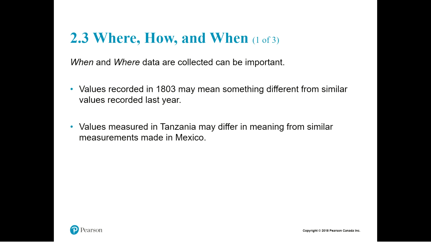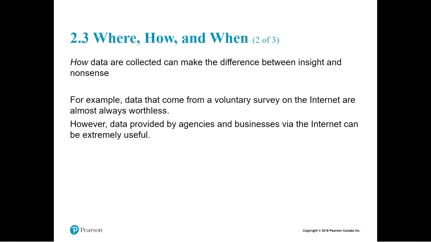Now, when and where data are collected can be important. Values recorded in 1803 may mean something different from similar values recorded last year, and values measured in Tanzania may differ in meaning from similar measures made in Mexico. This is the when and the where. How data are collected can make the difference between insight and nonsense. For example, data that comes from a voluntary survey on the internet are almost always worthless.